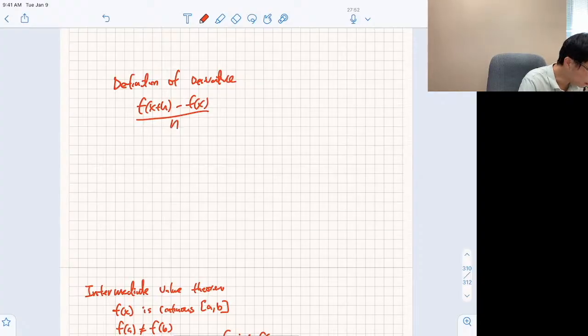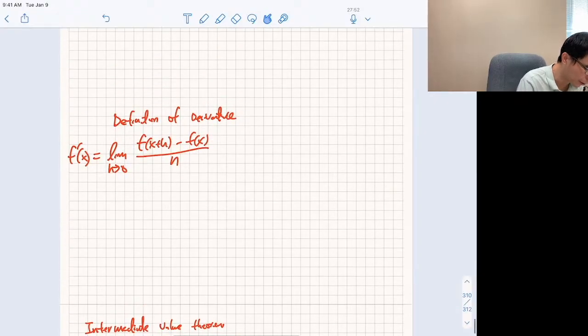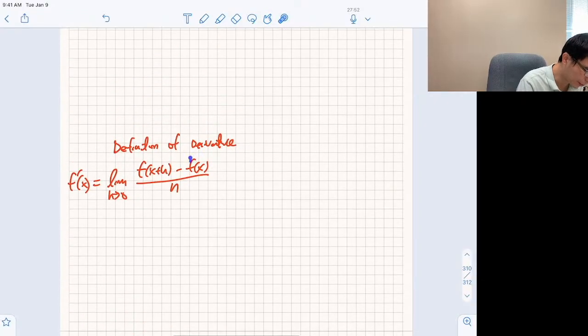There was something in the front: limit as h approaches 0. But what is that equal to? f prime of x. That's actually the most important part. Everybody remembers this part, but nobody remembers that part.